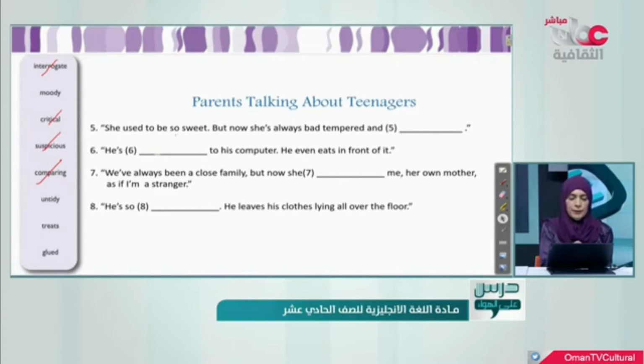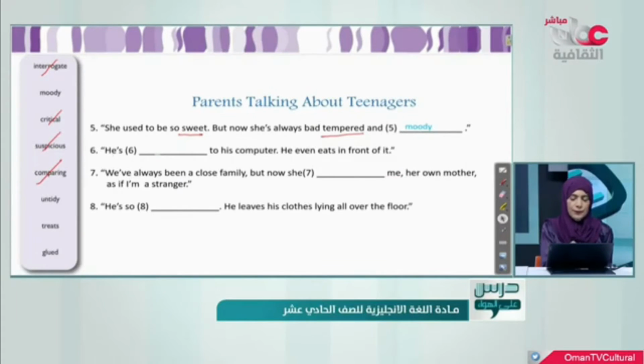She used to be so sweet, but now she is always bad-tempered. Sweet and tempered: I have to find a word which is part of this category, which represents feelings. The most appropriate word is moody.